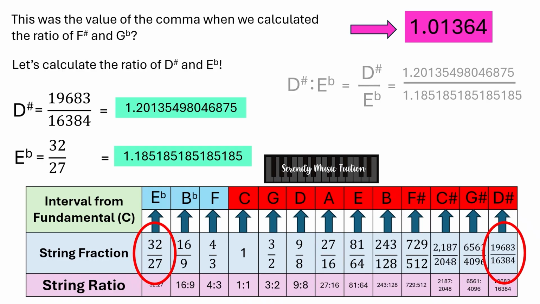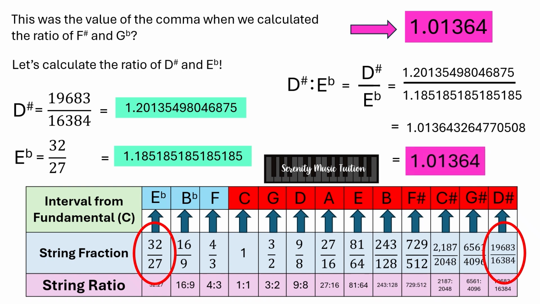Therefore, the ratio of D sharp to E flat is 1.2013549804685 over 1.185185185185185, which gives us a value of 1.013643264770508, which when rounded to 5 decimal places is 1.01364, which is the exact value of the comma.